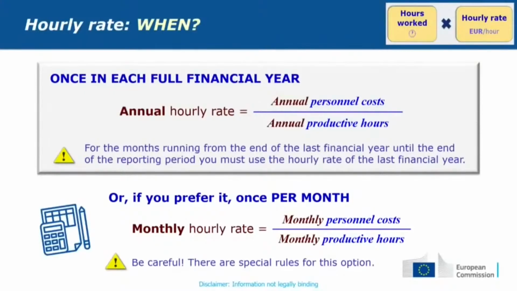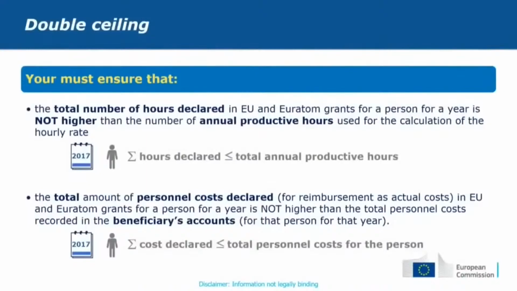Again, please check carefully in the annotated model grant agreement the explanations for this monthly hourly rate, because there are some specific conditions that make the calculations in some cases slightly more difficult than the calculation based on the full financial year, so more prone to errors. The option is there. We recommend the annual one because it's simpler and implies less administrative burden. But if you want to see how the other works, the information is available in the annotated model grant agreement.